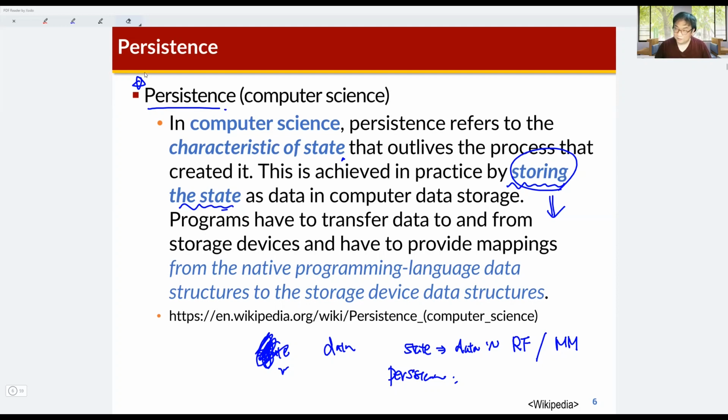We make our data persistent in our computer system. And for this persistence, the storage devices are used in computer systems.